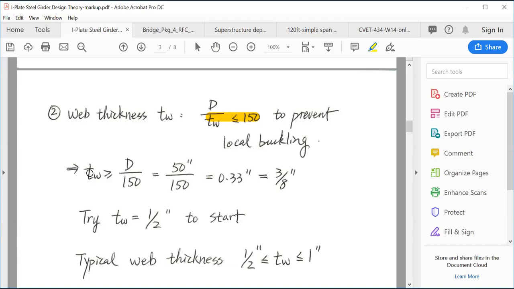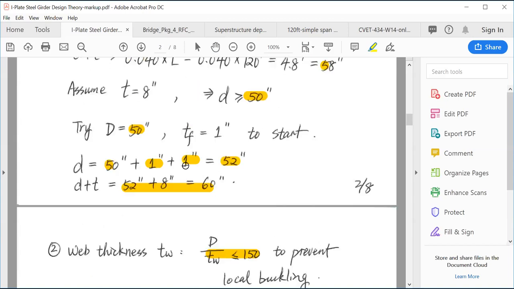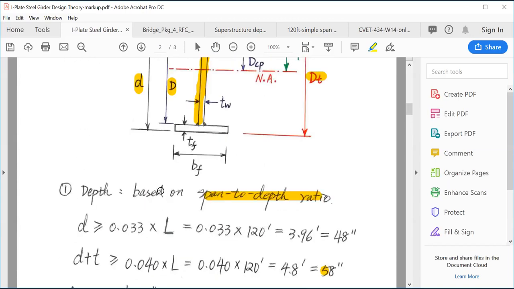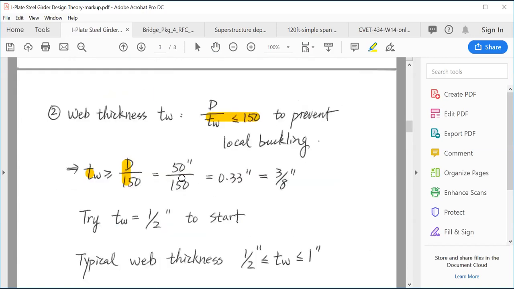So the thickness of the web is greater than D over 150, and if we use D equals 50 inches as the starting point, the minimum thickness of the web will be 50 over 150, and we get 0.33 inches. Rounding up to the nearest eighth of an inch, we get 3/8 of an inch. That's the minimum thickness of the web.